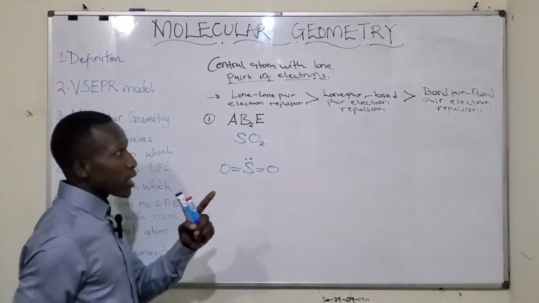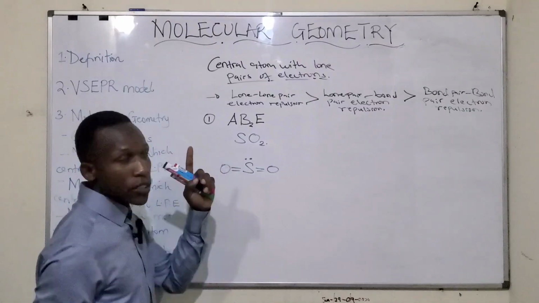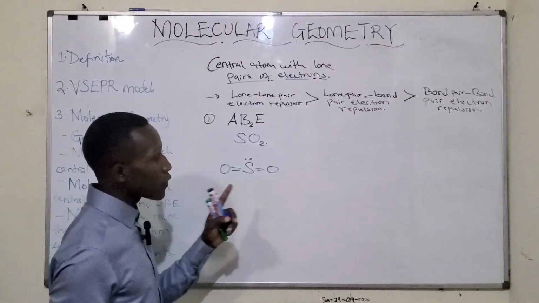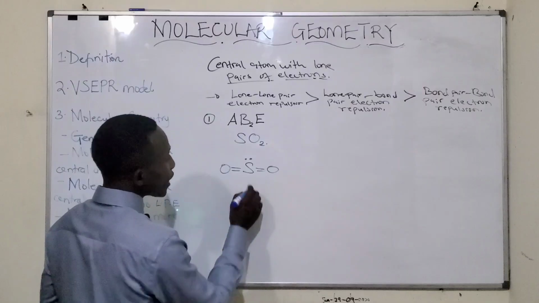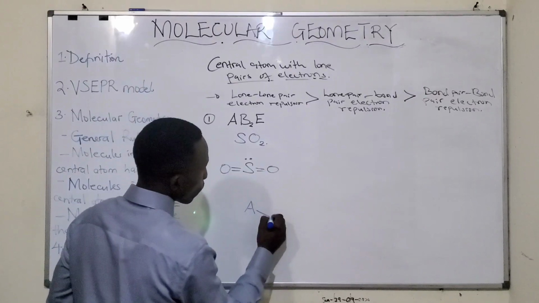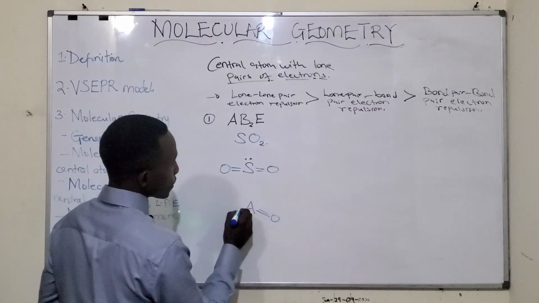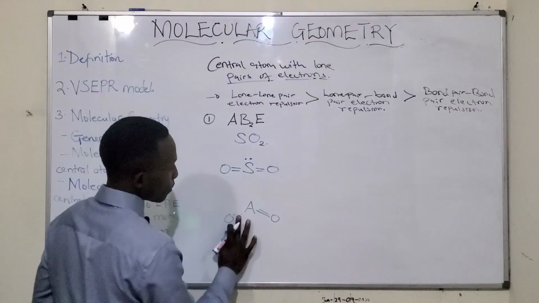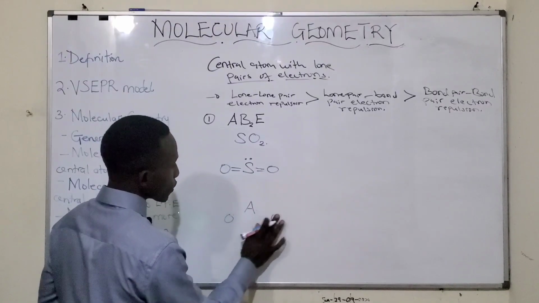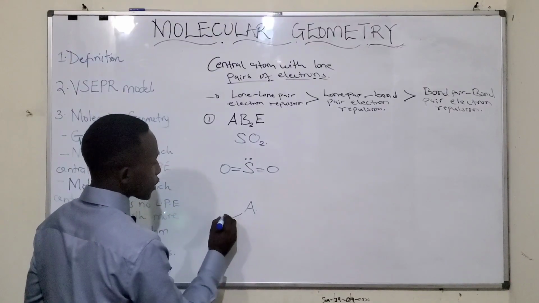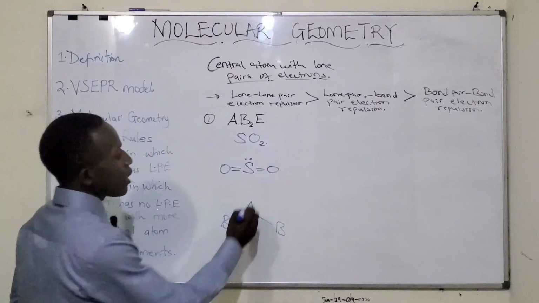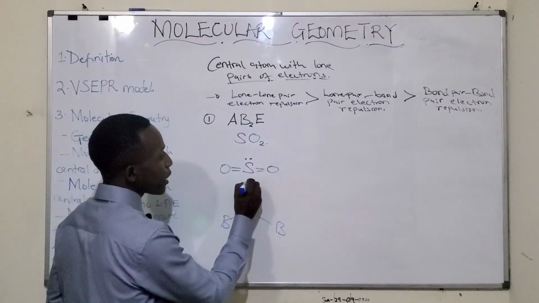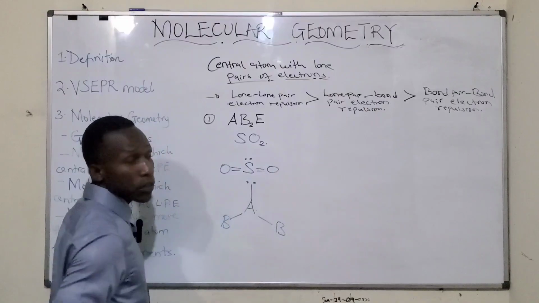We use the same structures we used before for those atoms without lone pairs of electrons. So the central atom is having 1 oxygen atom, another oxygen atom, but these ones are treated as single bonds. So it is A attached to B, attached to another B, and here we have lone pairs of electrons.